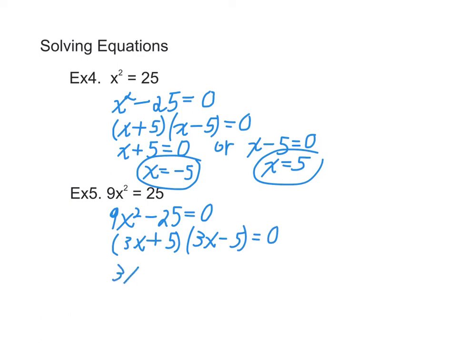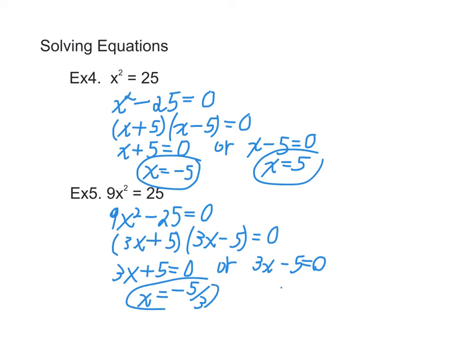Either the 3x plus 5 or the 3x minus 5. By solving these little equations, we get x equals negative 5/3 or x equals positive 5/3.